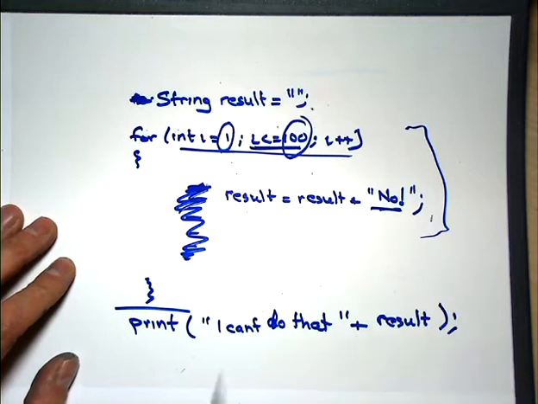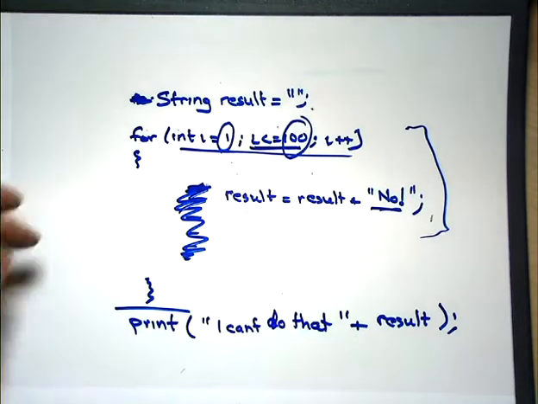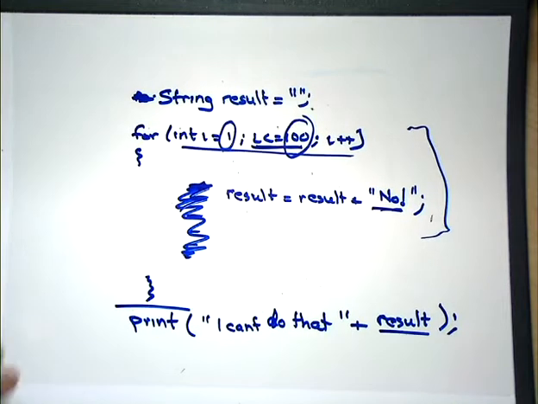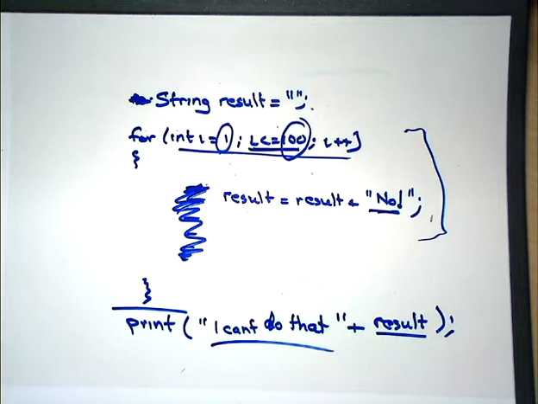What that loop is doing is building up all the repetitive bit, and now we're just taking that result, this long string with lots of no's on, and sticking "I can't do that" on the front of it and then printing that out. So that would end up printing out I can't do that, no, no, no, no, 100 times. But it would only print "I can't do that" once, and it would have 100 no's on the end.